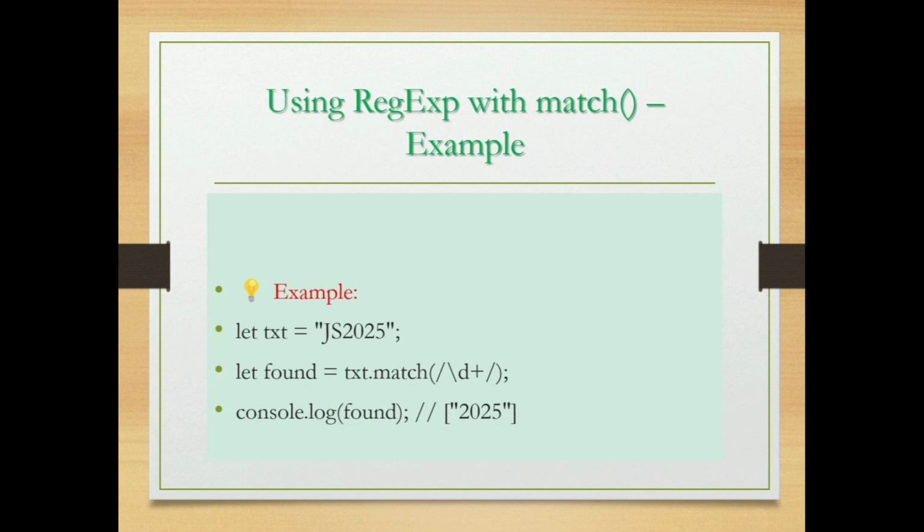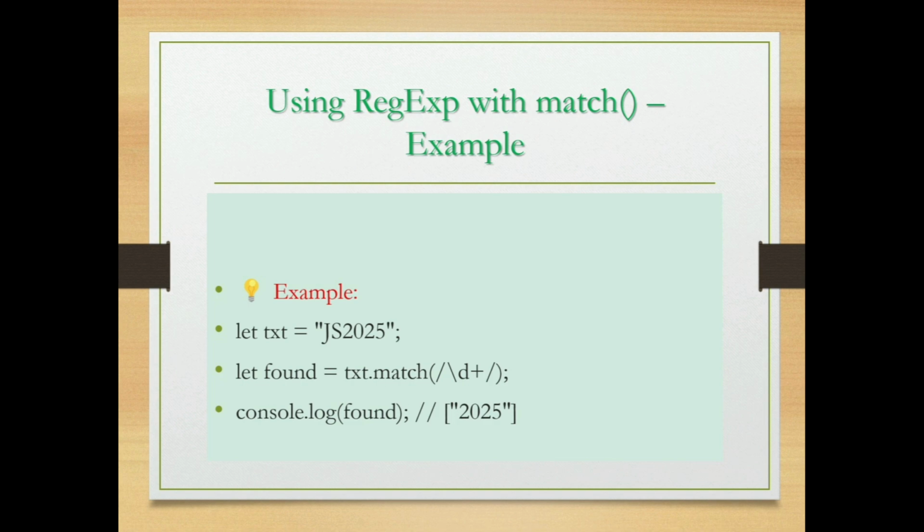The text value I am taking JS 2025. Next I am taking another variable found. The value of found I am taking as one condition, text dot match of. Inside of I am taking date. It will match the date, then display the value 2025.